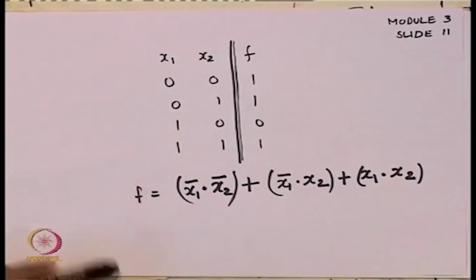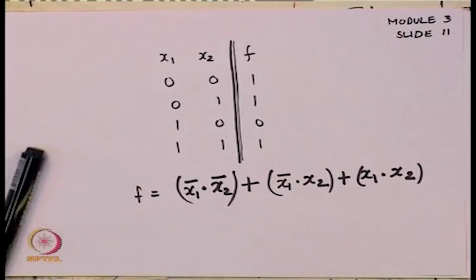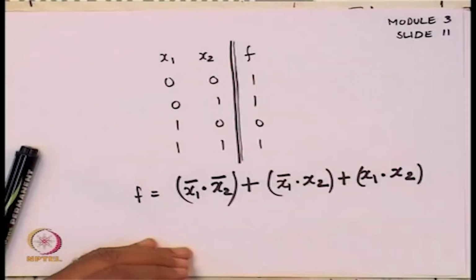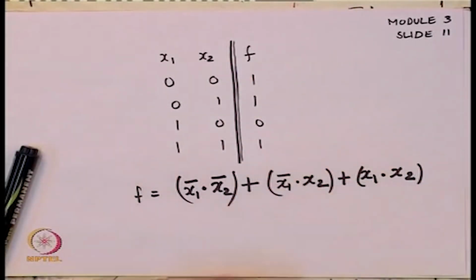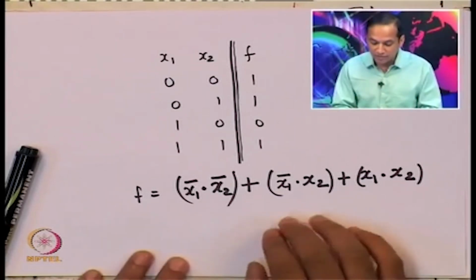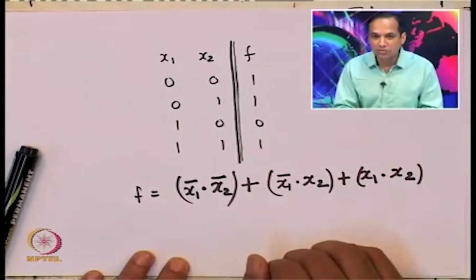Eyeballing the truth table and being able to write a Boolean expression like this is very useful. Sometimes you will be given the Boolean expression and you have to write the truth table, but more often than not the truth table is fairly easy to write, and then there are techniques to write it as Boolean expressions and do several things with it. So this is a very useful skill.